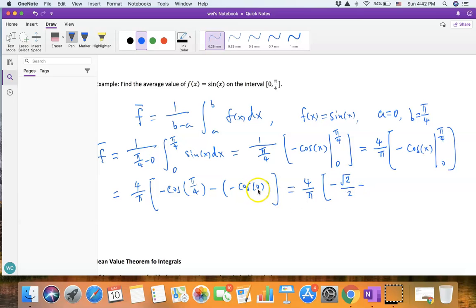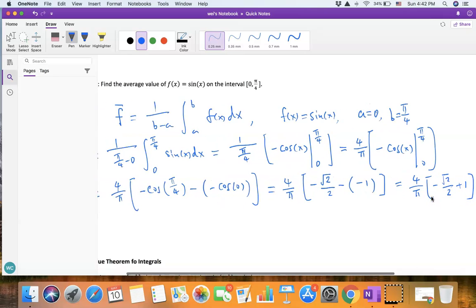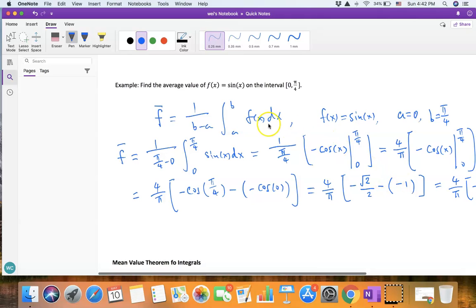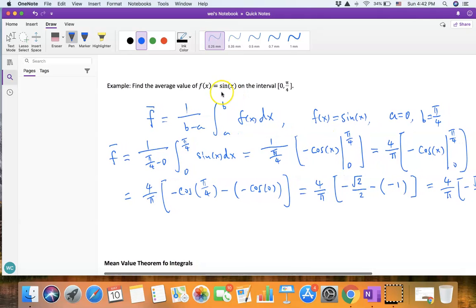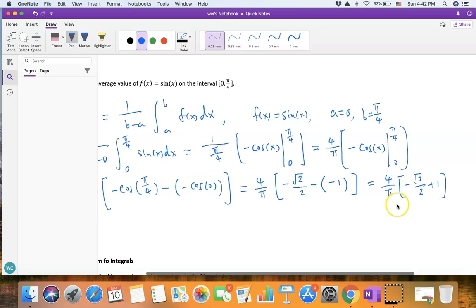And cosine 0 equals 1, so this is minus negative 1. This is 4 over pi times negative square root of 2 over 2 plus 1. So the average value of the function f(x) equals sine x on the interval from 0 to pi over 4 equals this.